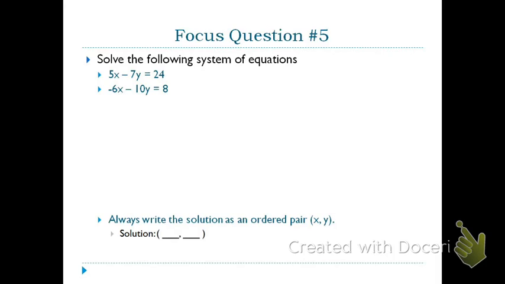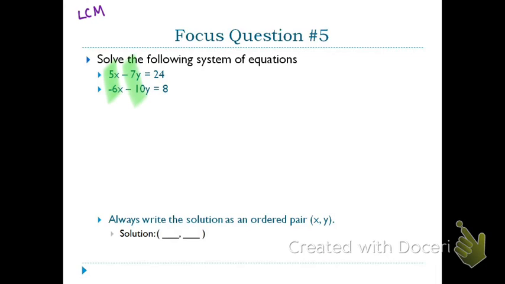Okay, last one. Question 5. Looking at the variables and considering the LCM, the least common multiple, I'm looking at 5 and 6 versus 7 and 10.